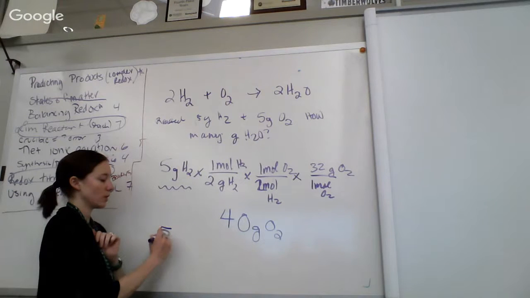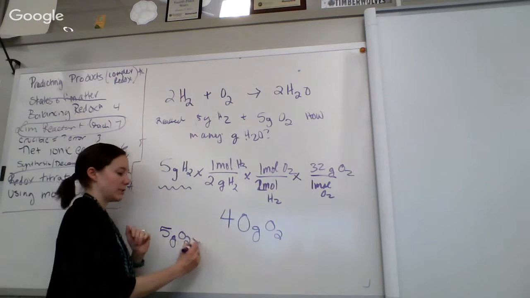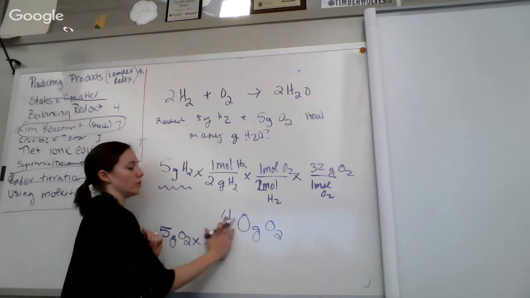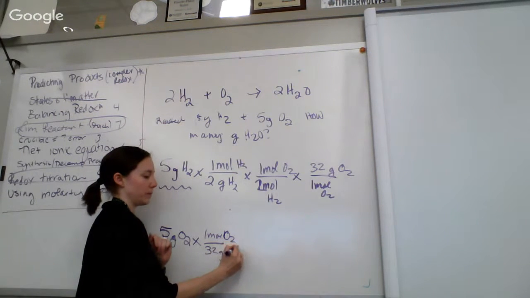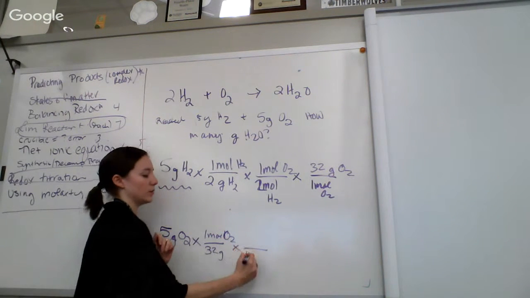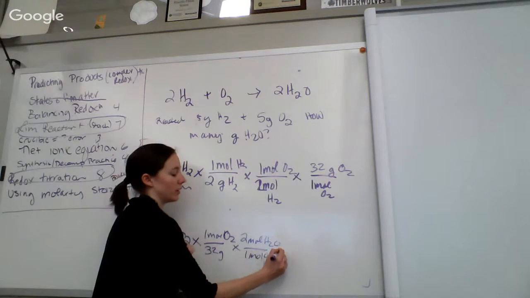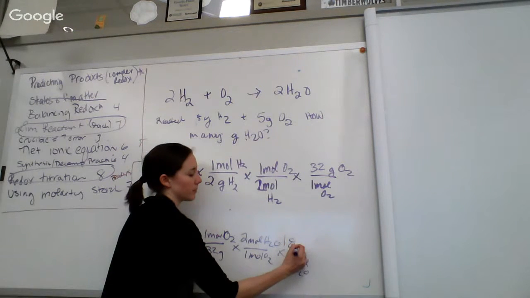Then I'm going to start my next reaction with the grams of oxygen and turn it into grams of water. So 1 mole of O2 becomes 2 moles of H2O, and then 1 mole of H2O is 18 grams.